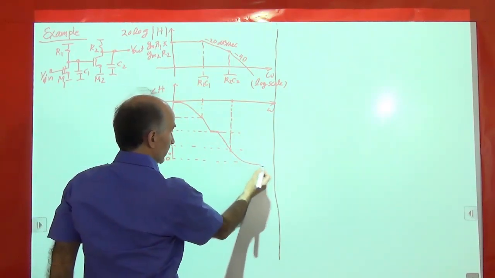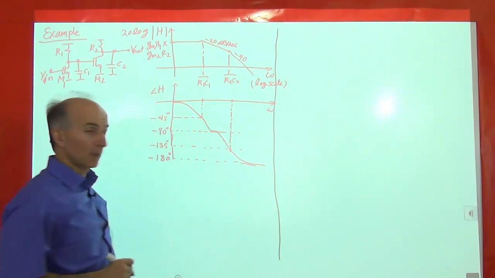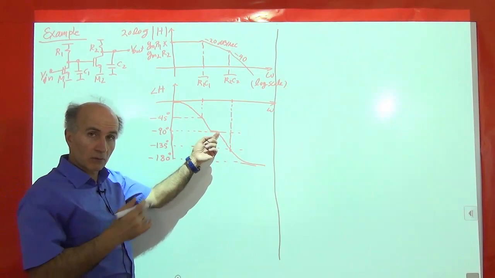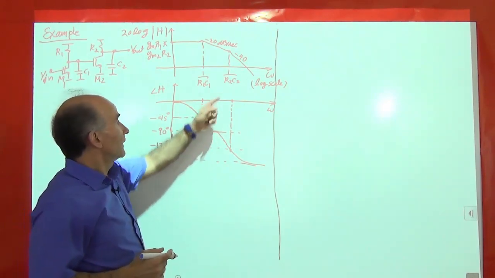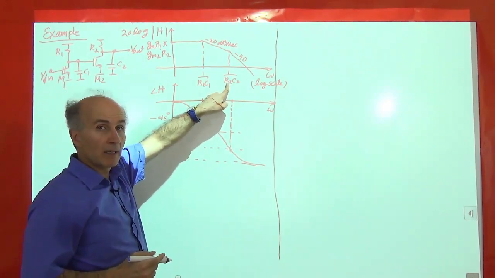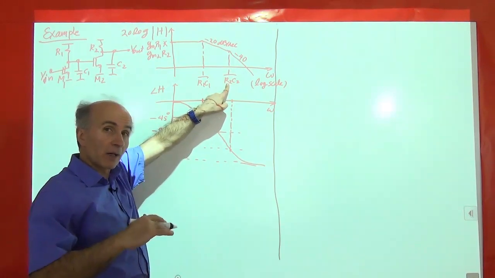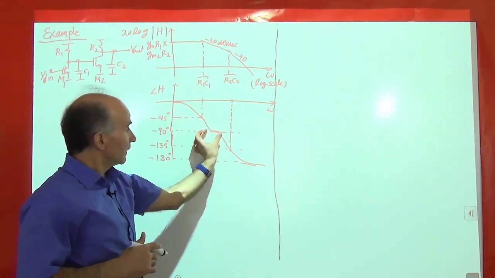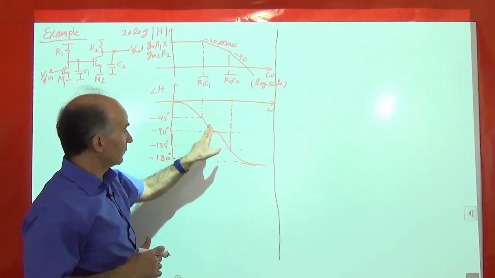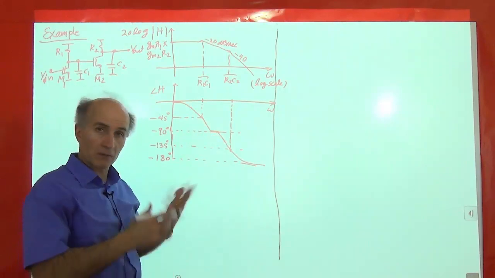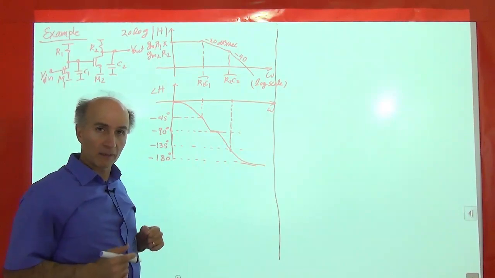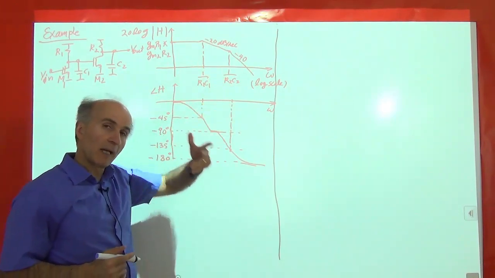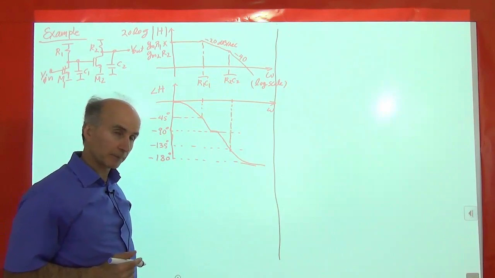Now, of course, what happens here depends. If 1/10 of this pole is lower than 10 times this pole, then this gets merged into a narrower band, or it might become even smoother and so on. It doesn't matter. The whole idea is how we plot these things once we know the pole and zero frequencies.